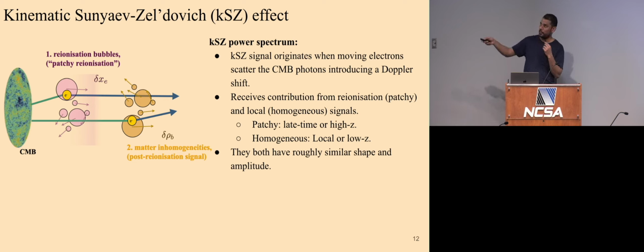But then later, in the local universe, after all the galaxies and structures are formed, these halos are always constantly moving. They are moving in the line of sight, right? Because gravity is pulling things, so things are always moving in our universe. So that gives rise to this other component of the kinematic Sunyaev-Zel'dovich effect.